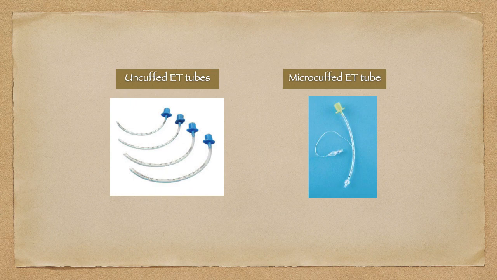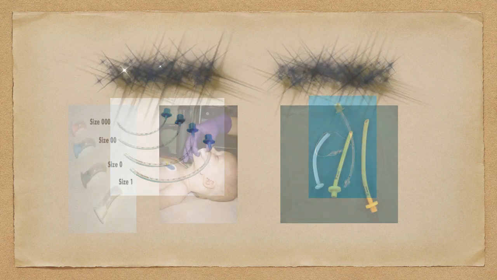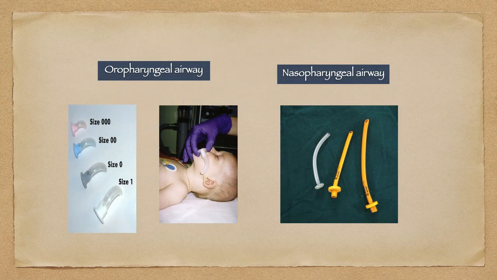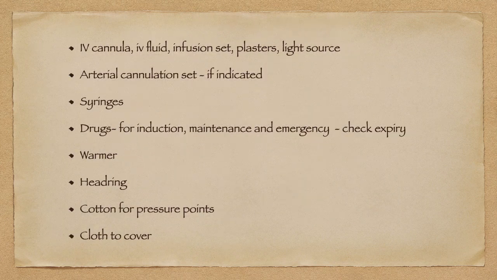ET tubes are available as uncuffed ET tubes as well as microcuffed ET tubes. This picture shows the oropharyngeal airway, and you can see different sizes are available. This picture shows how to calculate the right size of the oropharyngeal airway. Then you have the nasopharyngeal airway also.